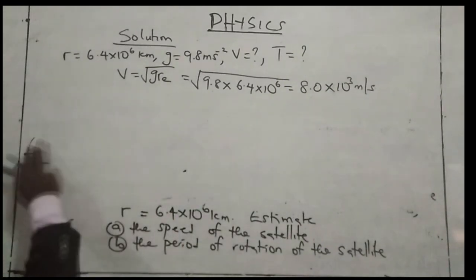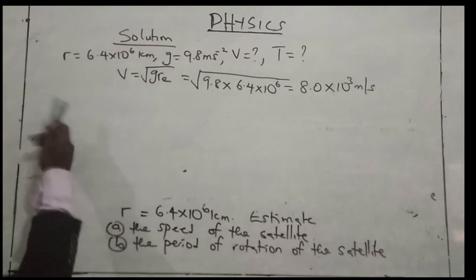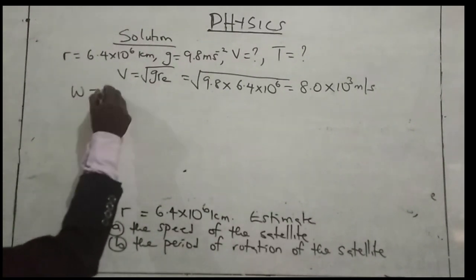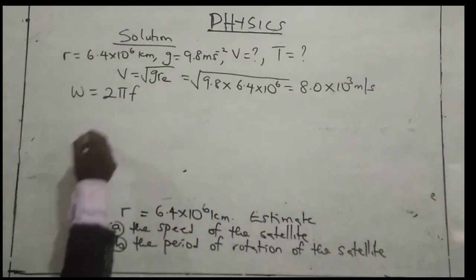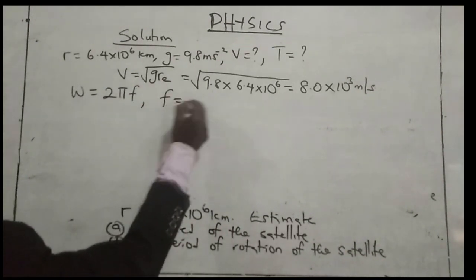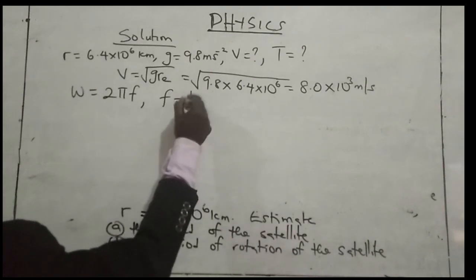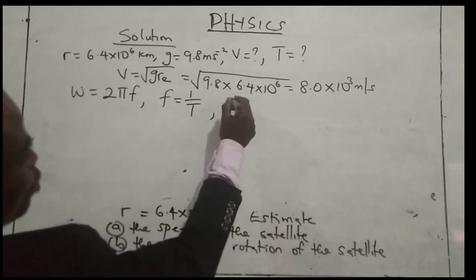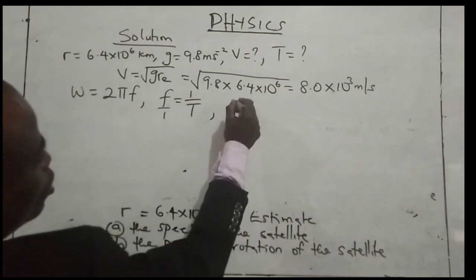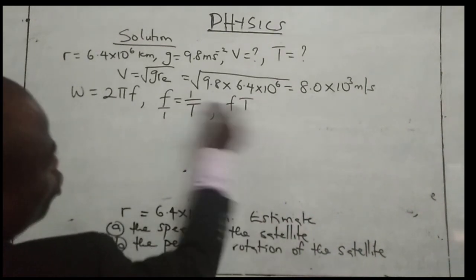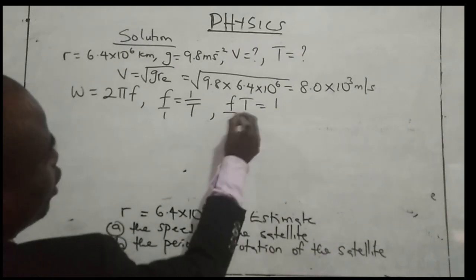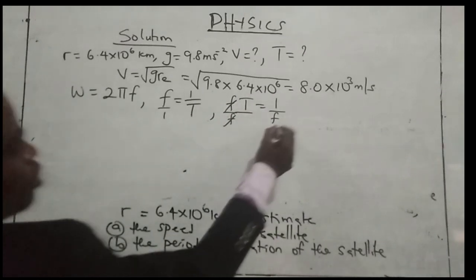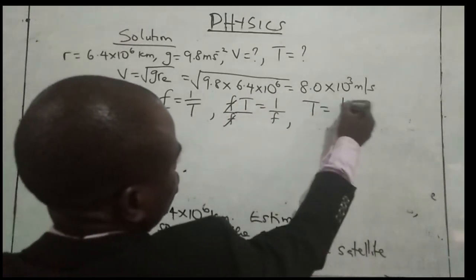Now, we have an expression for angular velocity. Angular velocity equals 2 pi f, where f is the frequency in hertz, and f equals 1 over the period. Make the period the subject of the formula. When you cross multiply, you have fT equals 1, so T equals 1 over f.